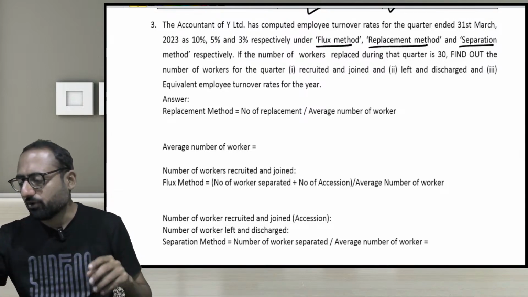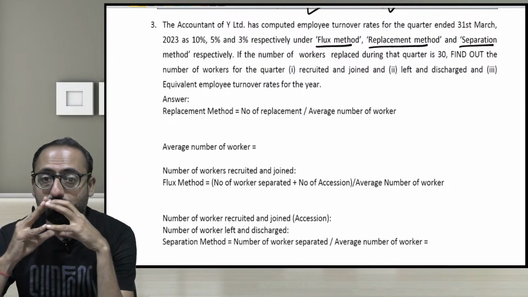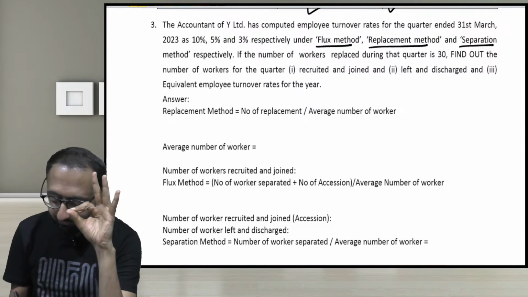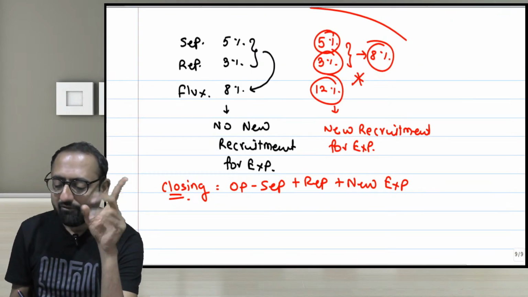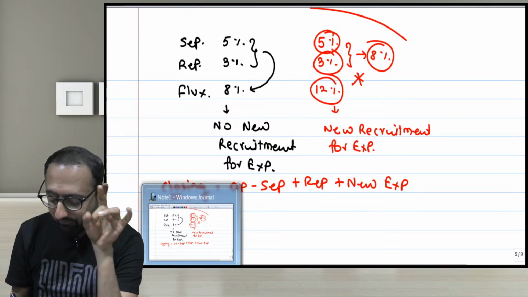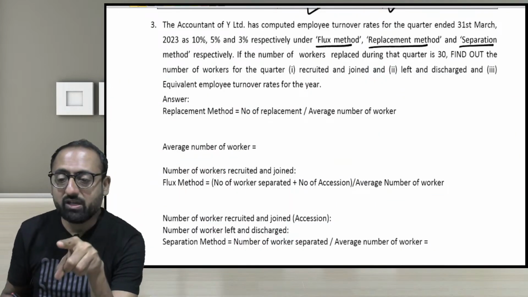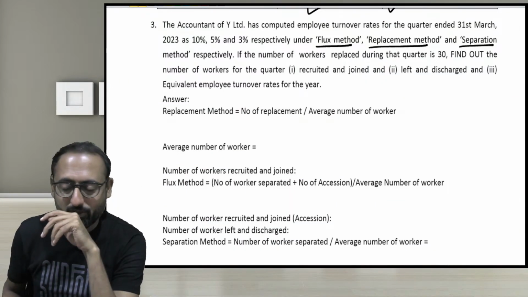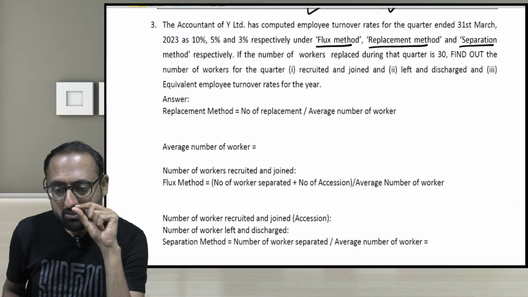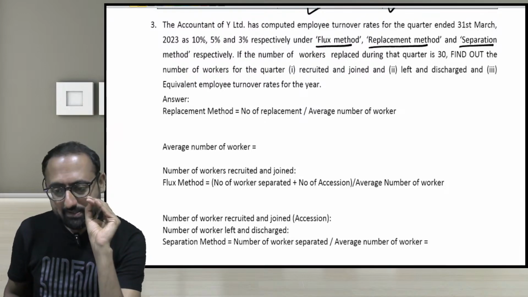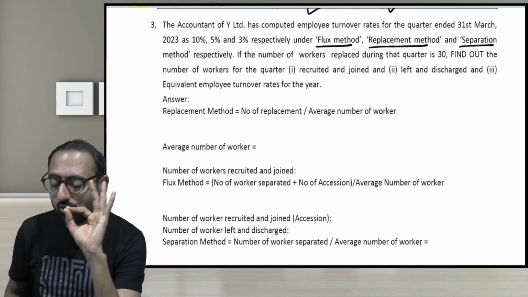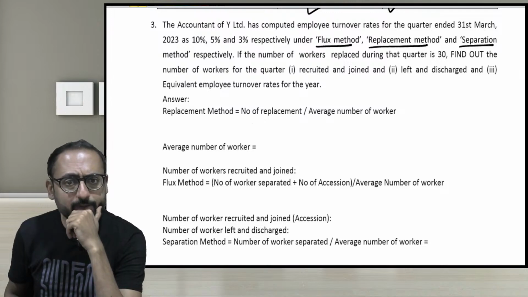I will wait for your reply, guys. I told you one basic, simple way to identify whether there is a new recruitment or no new recruitment. Very quick answer from online student. Yes, there is a new recruitment for expansion. Why?